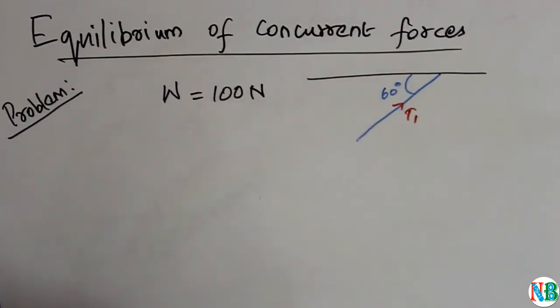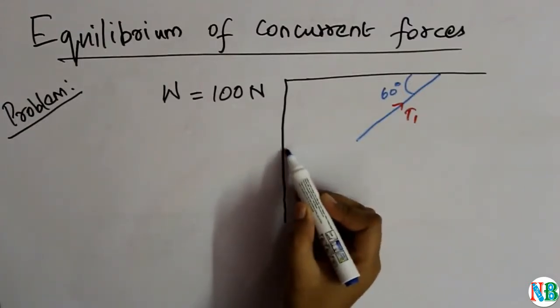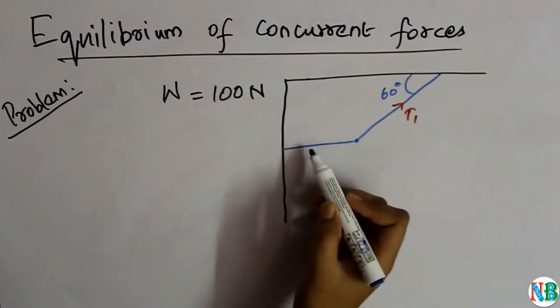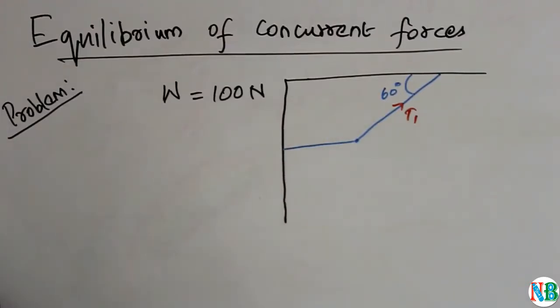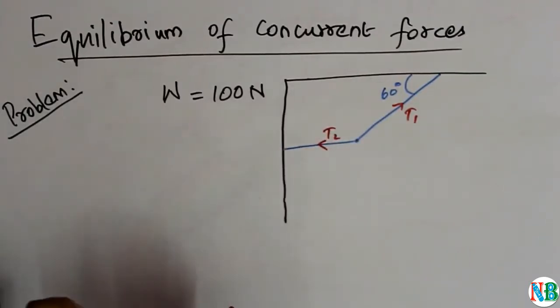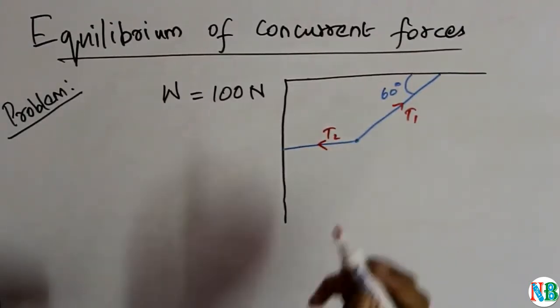Another rope is attached to the wall horizontally, and the tension acting in this rope is T2.